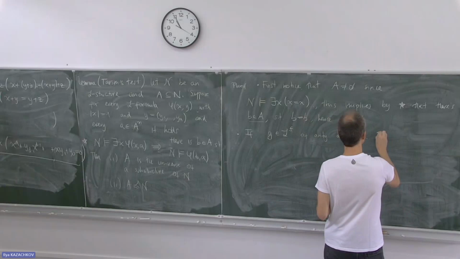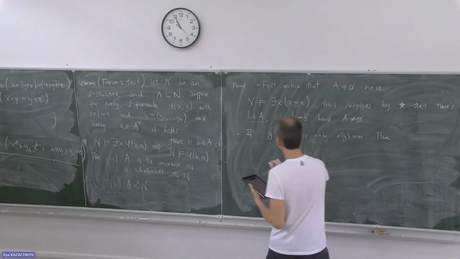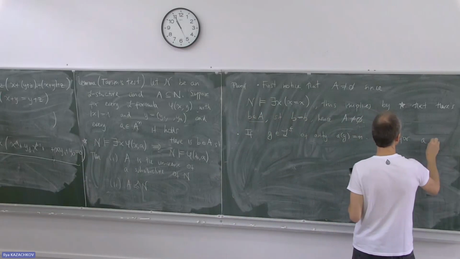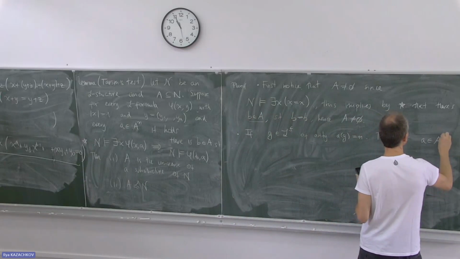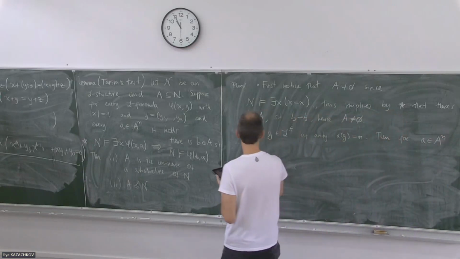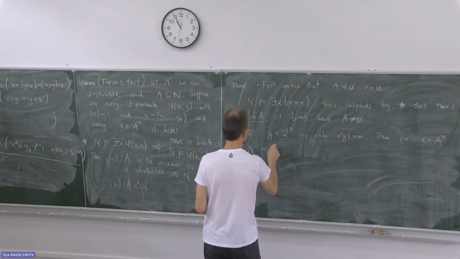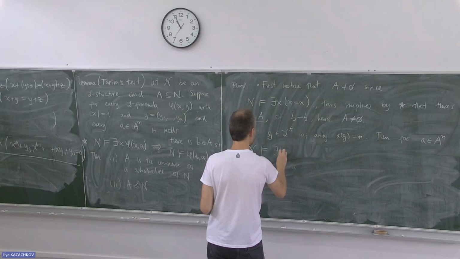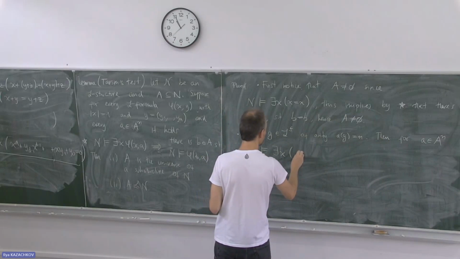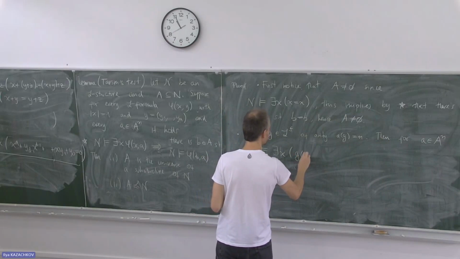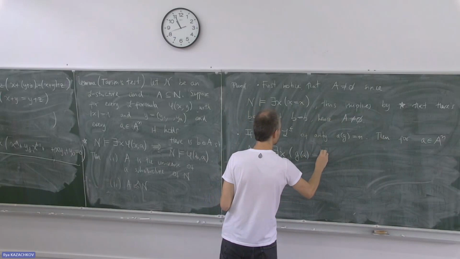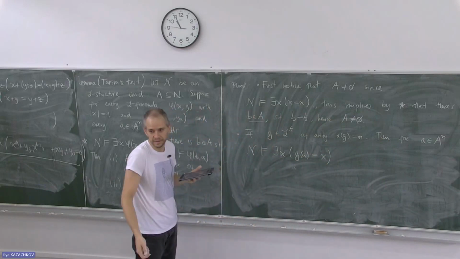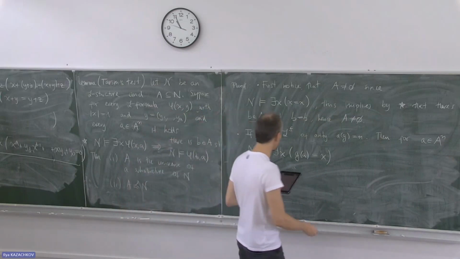Then, of course, N satisfies, for a given tuple in A to the n, this formula: there exists X such that G of A equals X. This is a triviality, but it does hold.